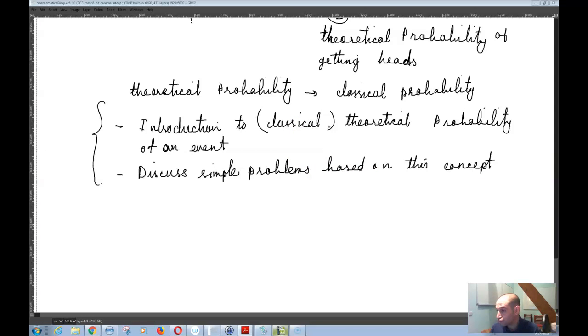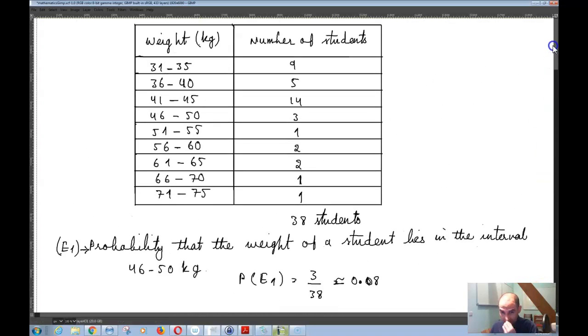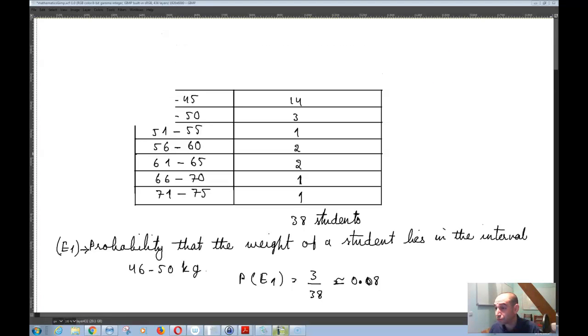Now let's talk about theoretical probability. So let's consider this situation.